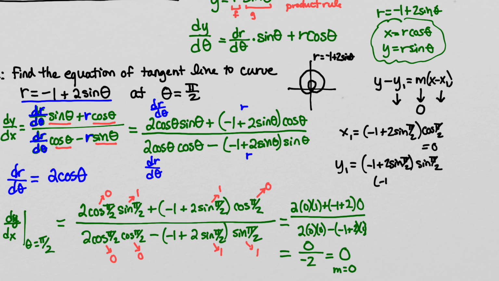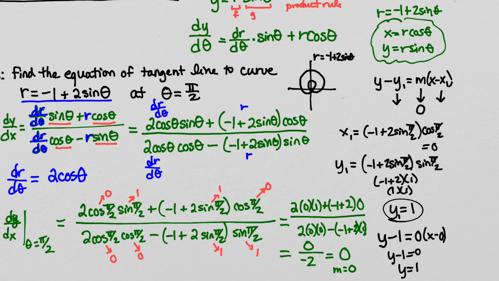That's going to give me negative 1 plus 2 times 1, which just gives me 1 times 1. And so y equals 1. That gives me the equation of my line: y minus 1 equals 0 times x minus 0, or simply y minus 1 equals 0, or y equals 1.